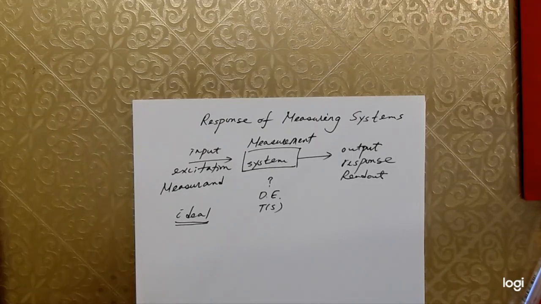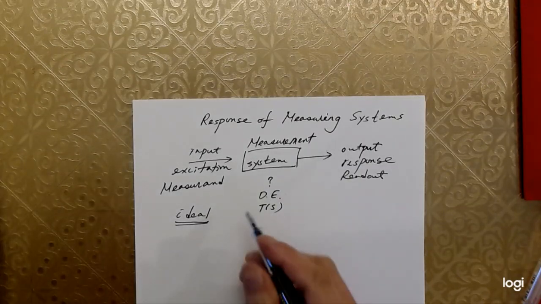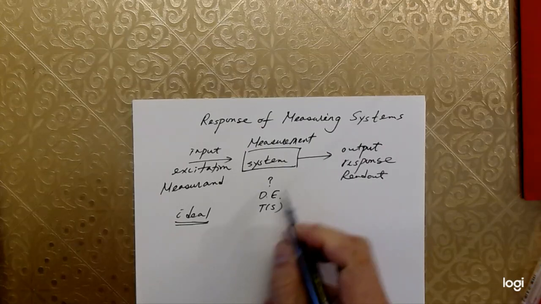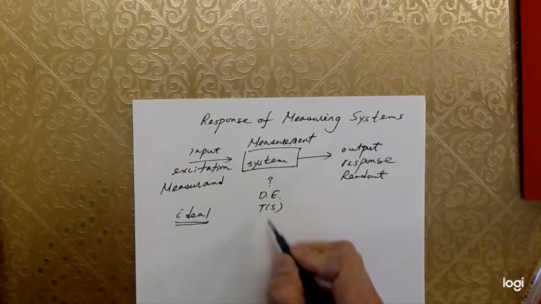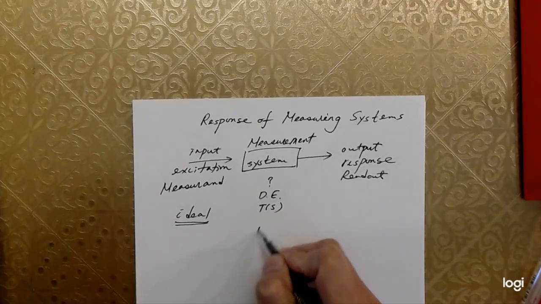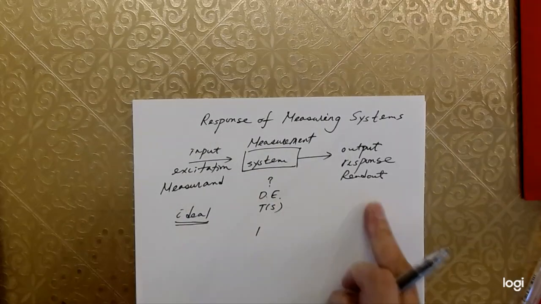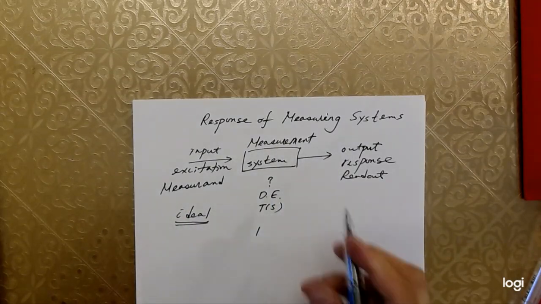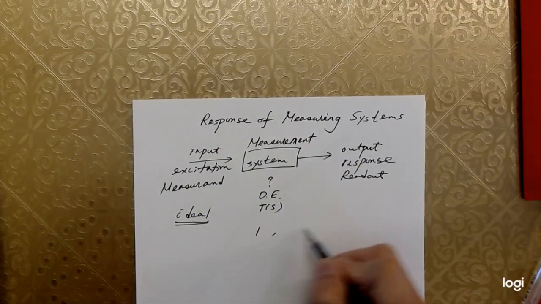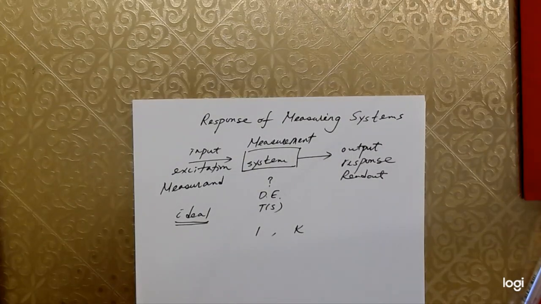Of course, it should be what you read is what you measured. In other words, we want input equal to output, or literally we can say it's a constant K, output input relationship.